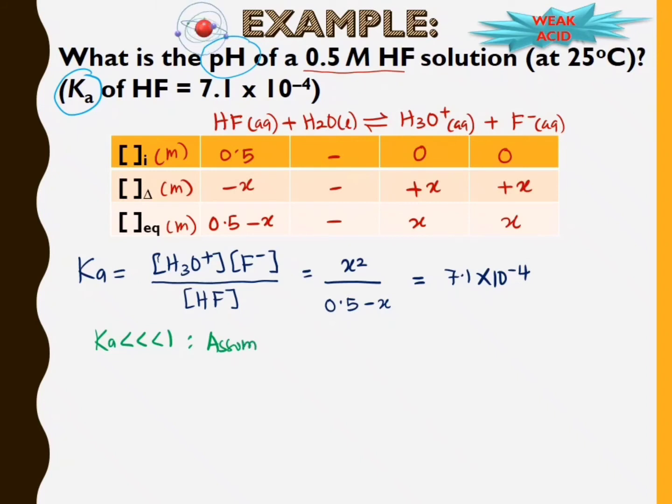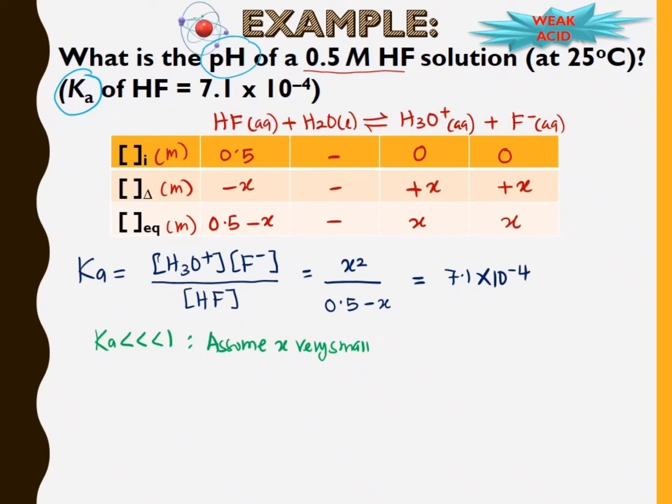So, kita boleh assume that X very small. X tu apa sebenarnya? Dissociation kelas. So, the dissociation of weak acid very small kan, kita tahu very slightly into water. So kita boleh anggap X tu terlalu kecil.